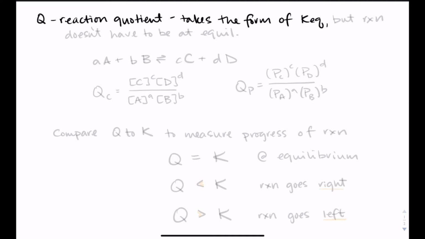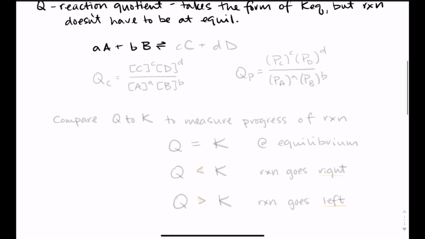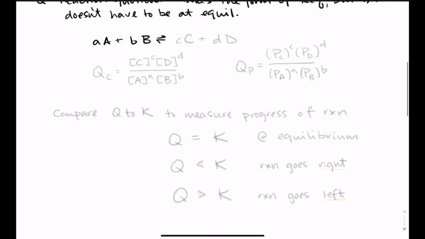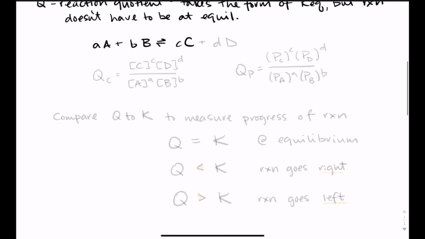If I am in Maine, you need to tell me to go west and a little bit south. The place that I am at determines the way I need to go to get to my destination. So that's why we calculate the reaction quotient, to figure out where my reaction is so I know which way to go to get to equilibrium.